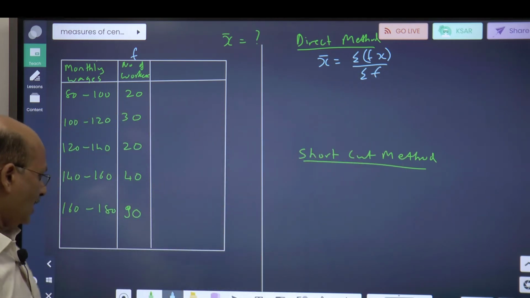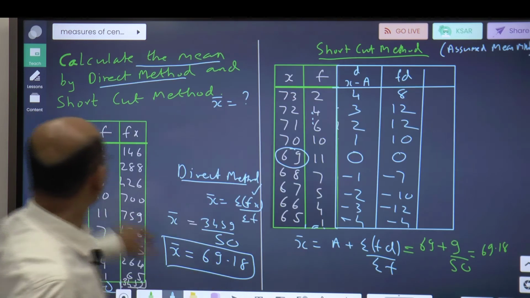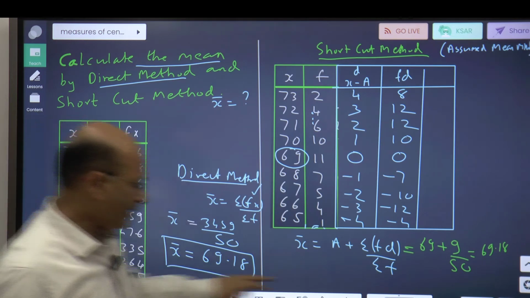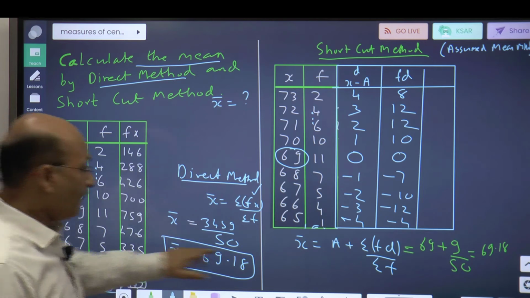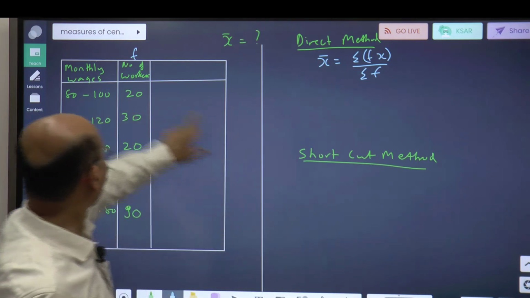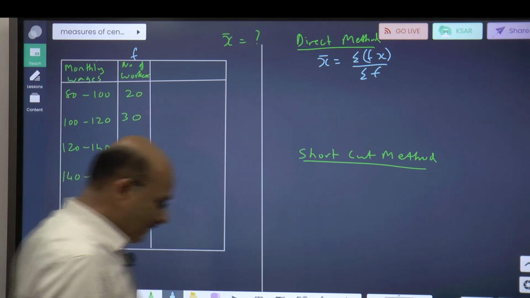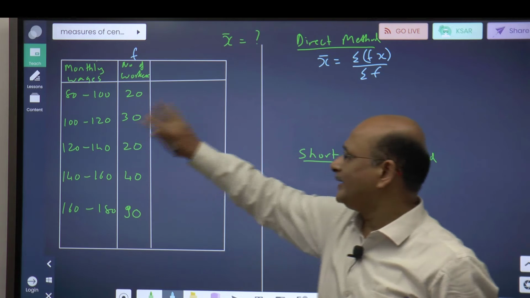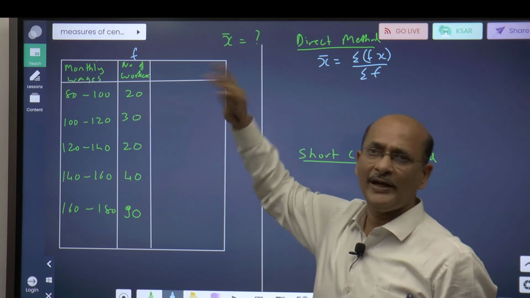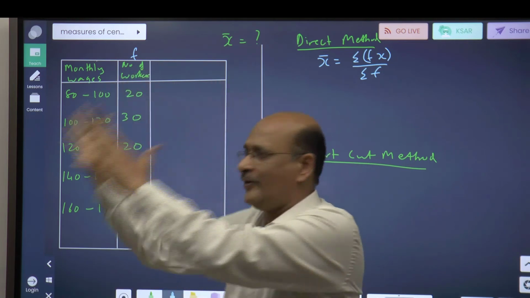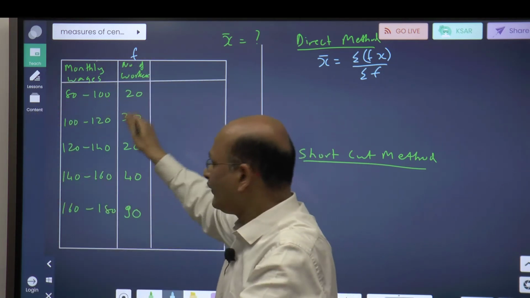In the previous case, the x was already given directly, and f was already there. But in this question, f is mentioned, but I can't find the trace of x. Whenever it's grouped data, a group of 80 to 100, another group of 100 to 120.